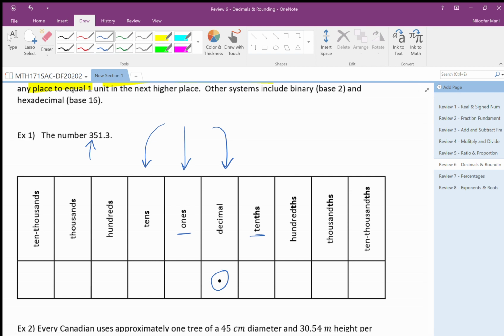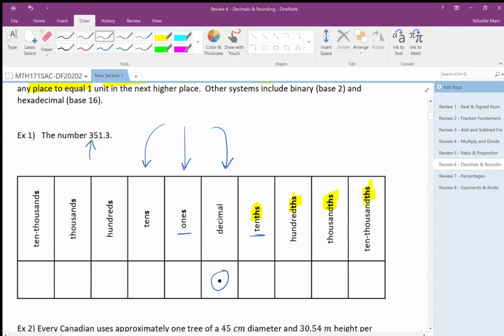After the decimal is tenths. Everything after the decimal is like a denominator: 1 over 10, 1 over 100, 1 over 1000, 1 over 10,000. That's why you see those.